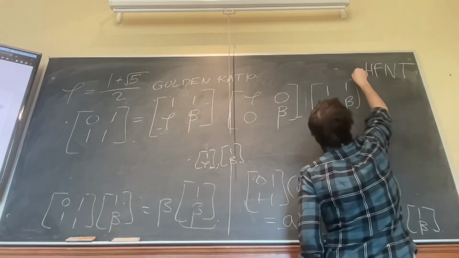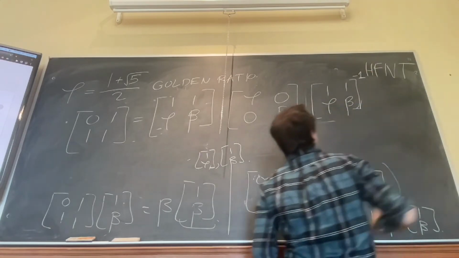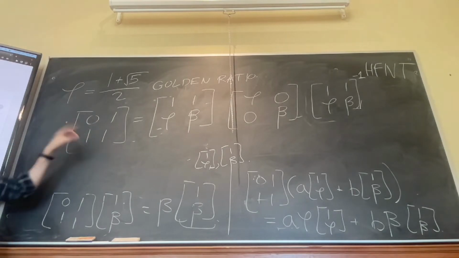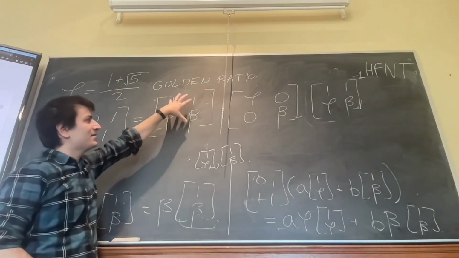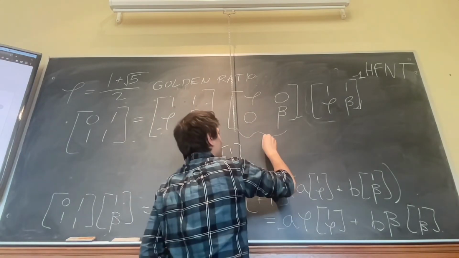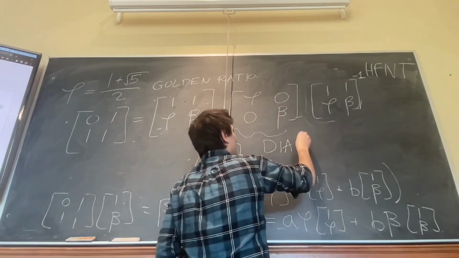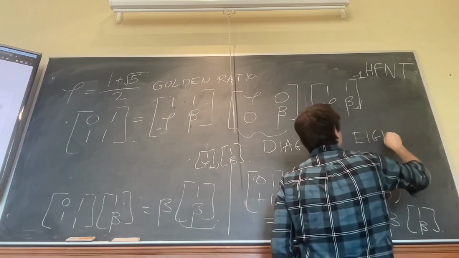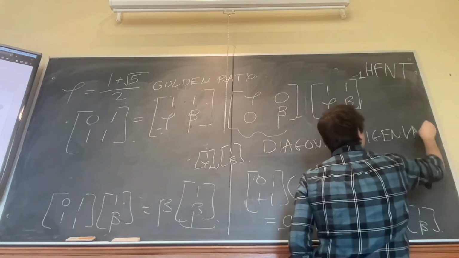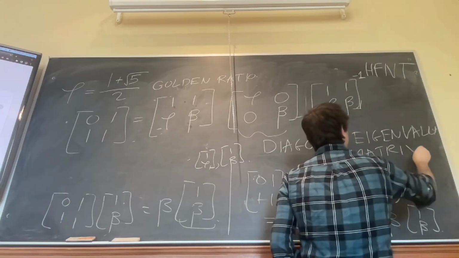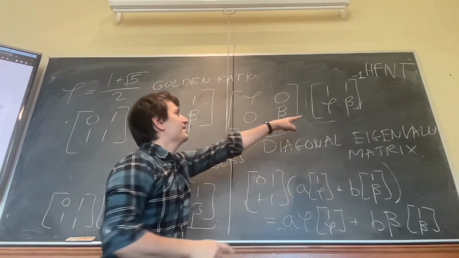And now, this is an honest to goodness actual equation that is true. The matrix [0, 1; 1, 1] is equal to this matrix of eigenvectors times this diagonal eigenvalue matrix, times the inverse of the eigenvector matrix.